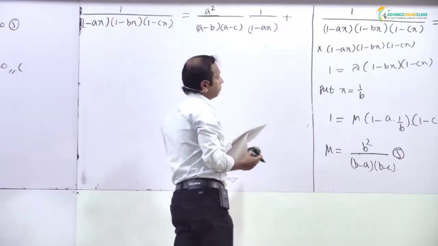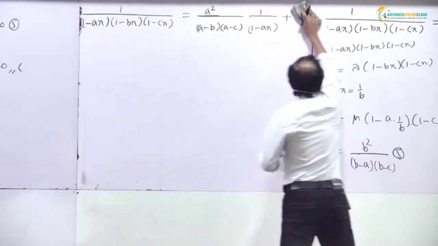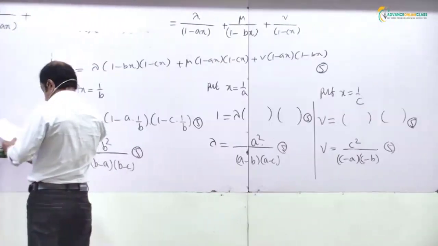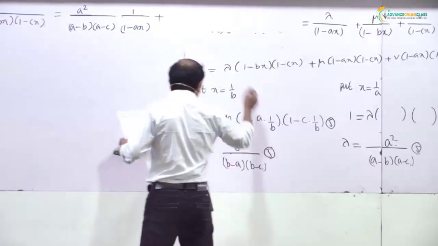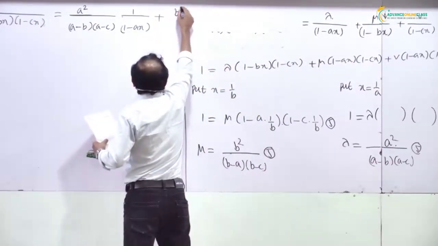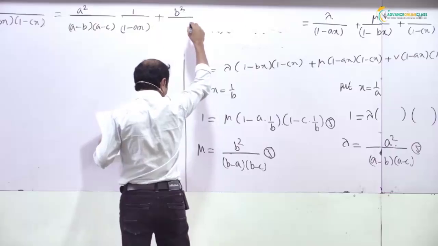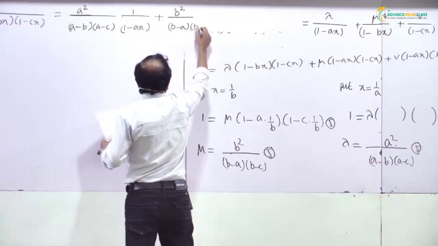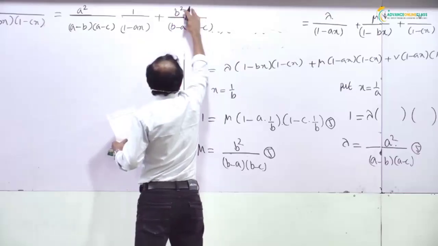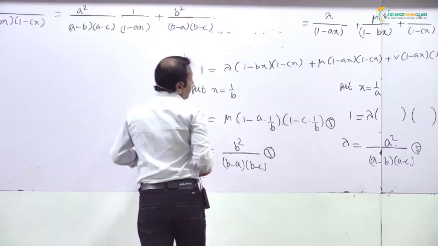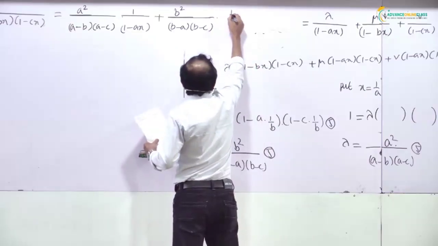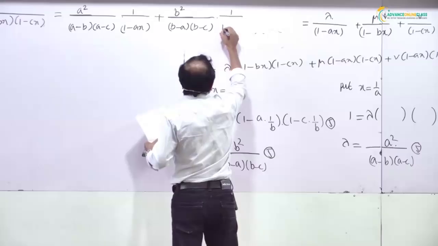Right. Now I erase this. And mu is b squared over b minus a, b minus c, times 1 over 1 minus bx.